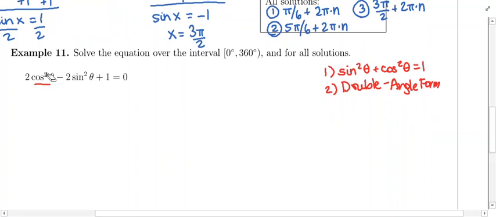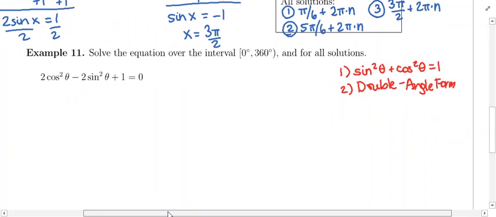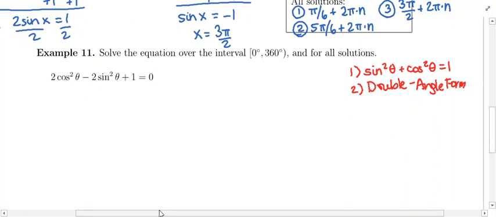So you could do that as well. There's different ways of working it. I'm going to work it with the double angle formula, but you can definitely go back and work it with the Pythagorean identity, just to make sure you get the same answer. My point is, now that we've learned all the tools, you may get an equation and see more than one way to work it, and that's okay.